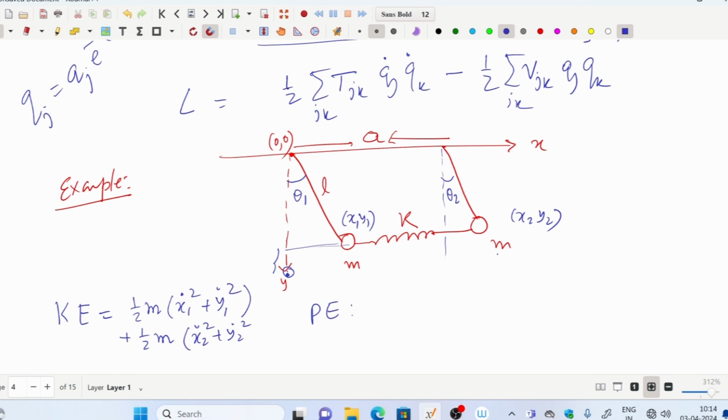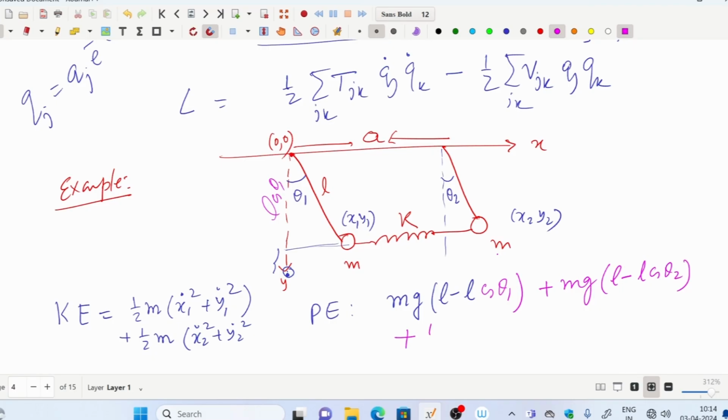The potential energy for the first one will be mg times (L minus L cos theta 1), or that is basically y1. So this is y1, and for the second one it will be mg times (L minus L cos theta 2). This is exactly similar.